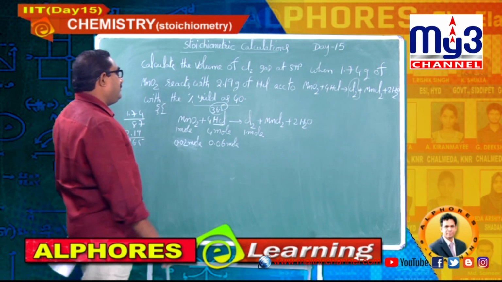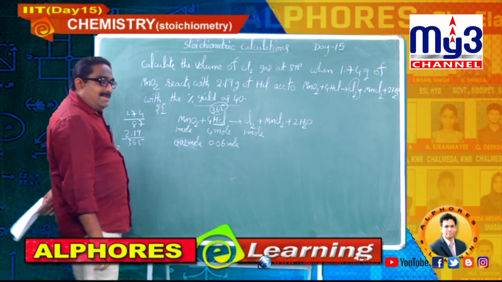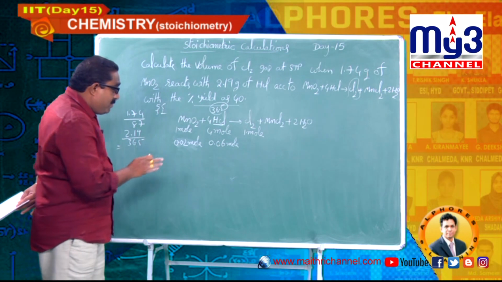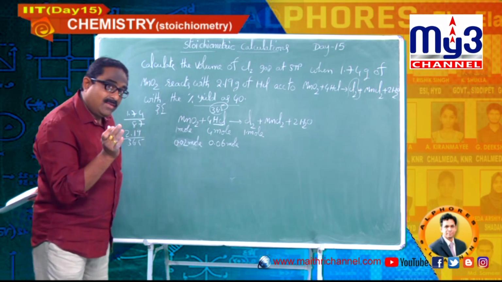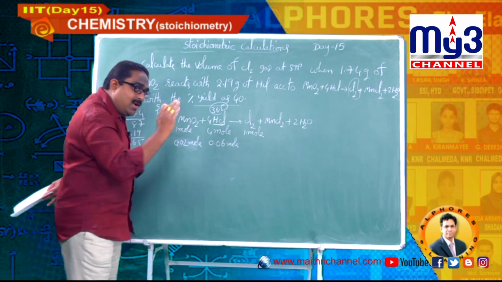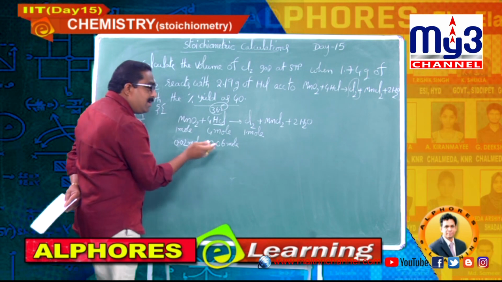Again, 1 mole needs 4 moles. 0.02 mole needs, in the 1:4 mole ratio, 0.02 into 4. How much? 0.08. Is it there? No.